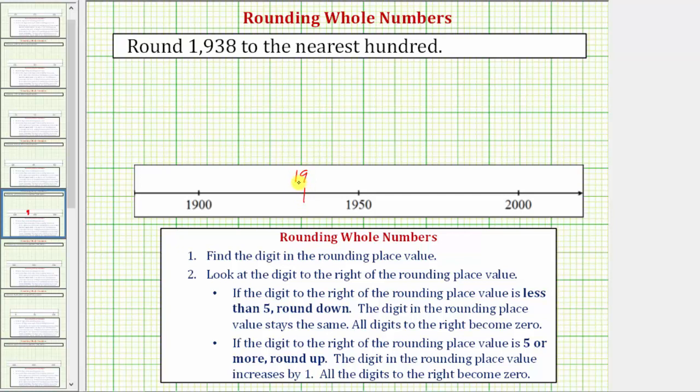So to round 1,938 to the nearest hundred, we need to determine whether the given value is closer to 1,900 or 2,000. And using the number line, we can easily see the given value is closer to 1,900, and therefore the given value rounds down to 1,900 when rounding to the nearest hundred.